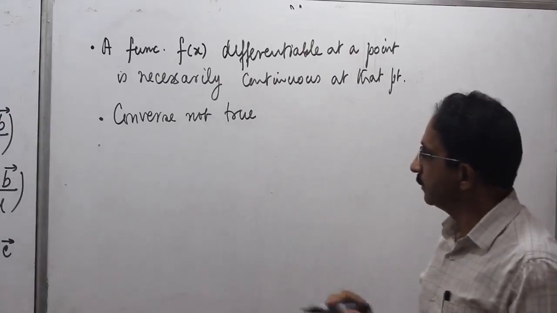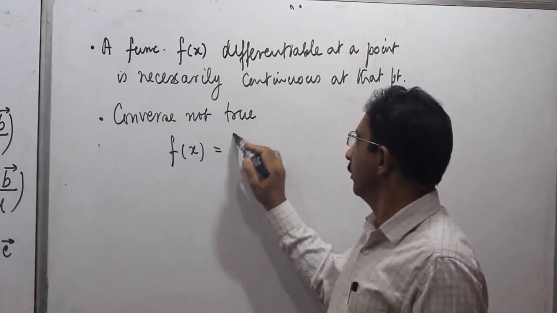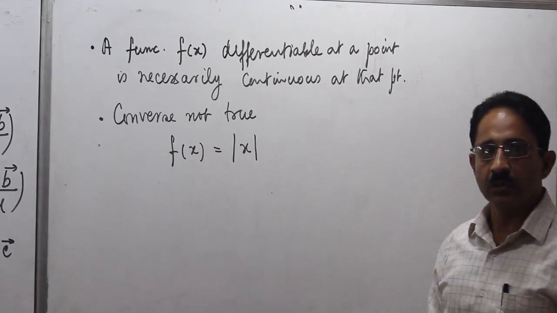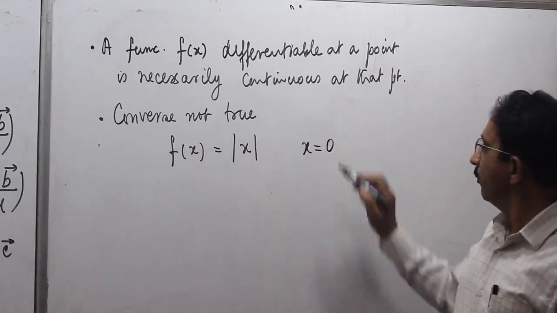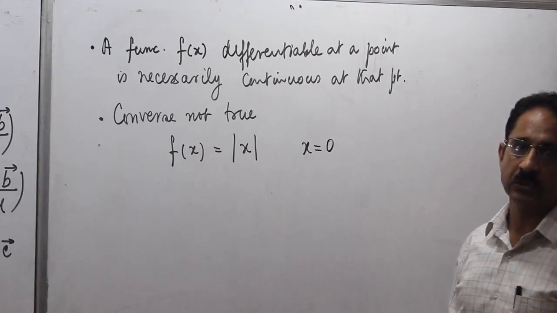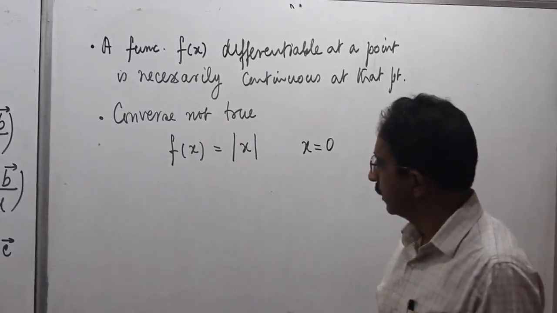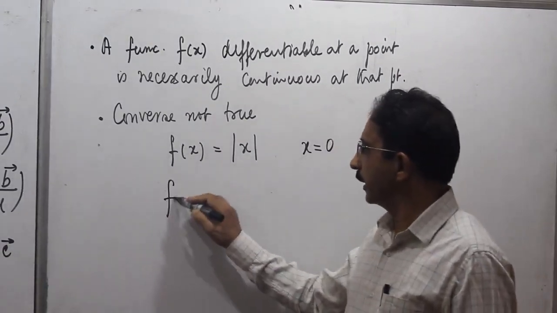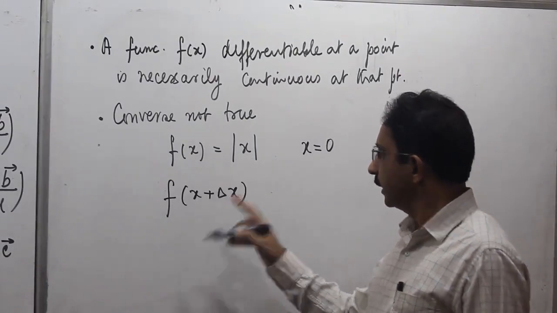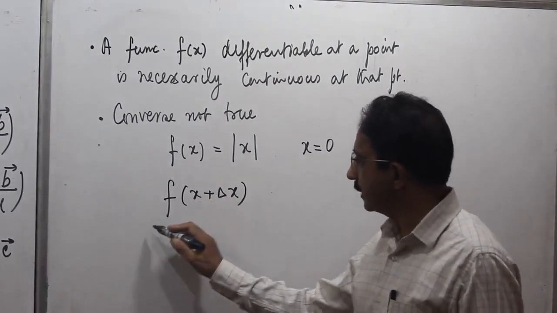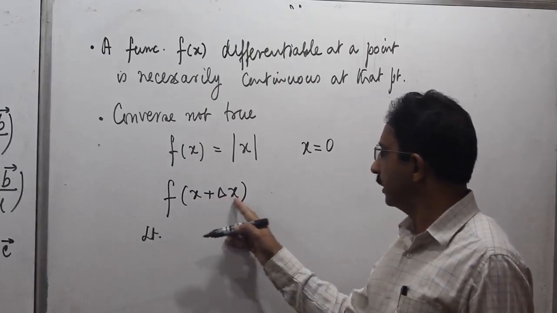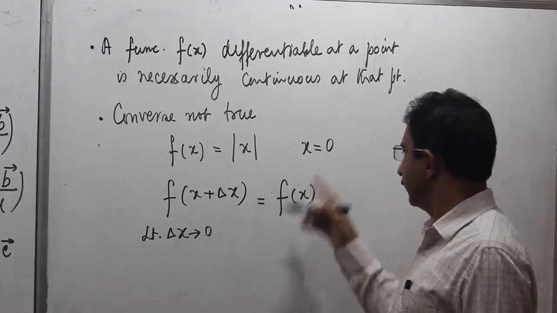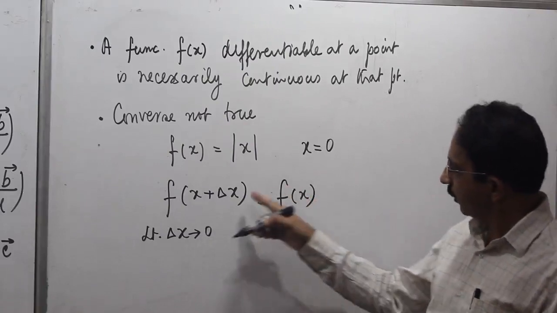A very common example is f of x equal to mod of x. This function is continuous at x equal to 0, but is not differentiable at x equal to 0. One of the ways of testing the continuity of a function at a particular point, if it is a one variable function, is to take the value of the function in the neighborhood of x by changing x through a very small increment delta x, such that as delta x tends to 0, the value must be the same as the function value at the point.